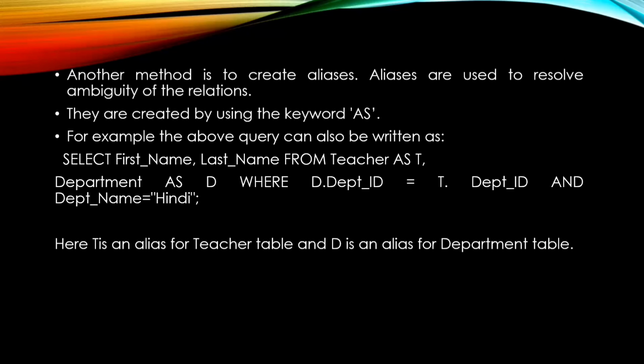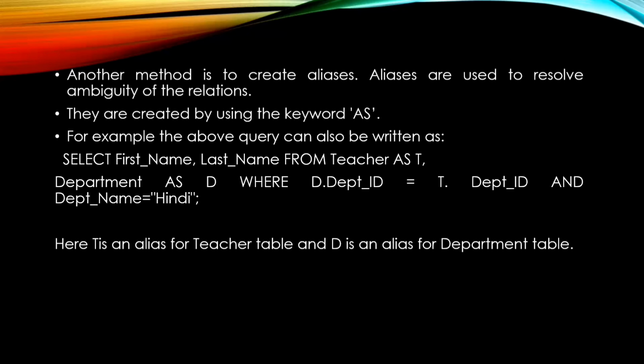Next, let us see another method used to create aliases. Okay. Aliases means what? That means, for example, Information Technology alias IT. It is the same way. They are created by using the keyword AS.